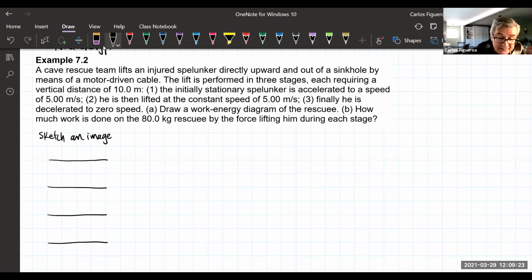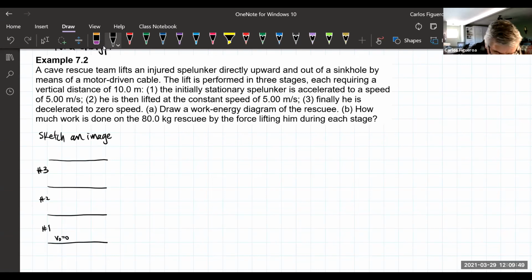So this guy is number 1, number 2, number 3 stage. And what you're seeing here, it says that he starts initially from rest. So I'm going to say, and then what's going to happen?